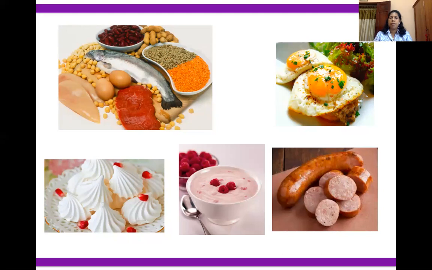In the case of the egg, the yellow part takes much more time to become solid compared to the egg white, the albumin part.